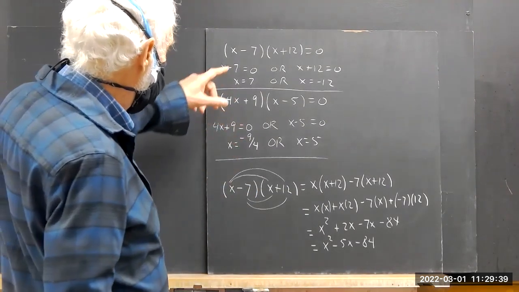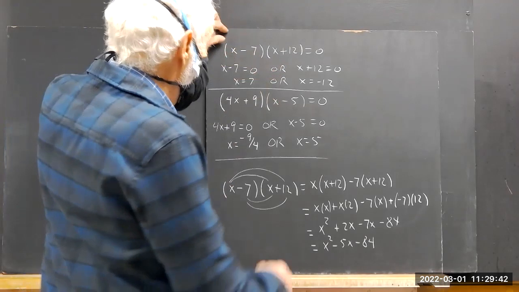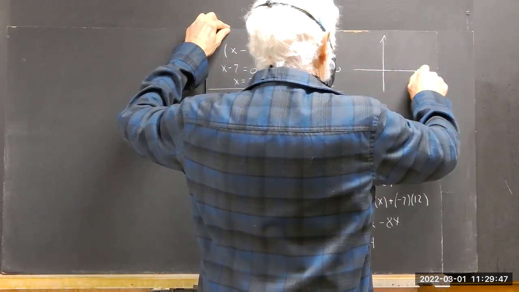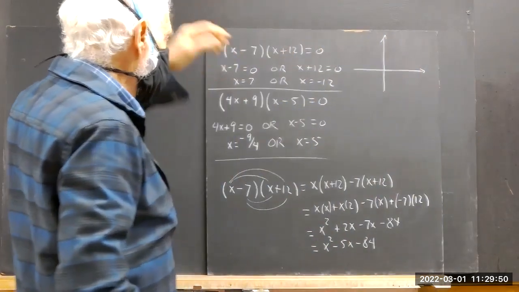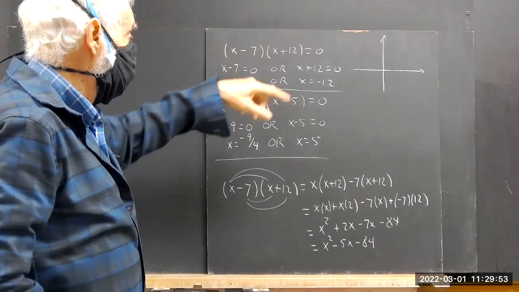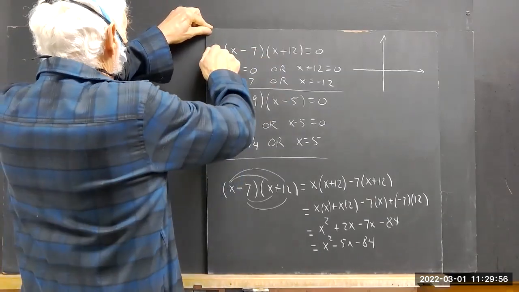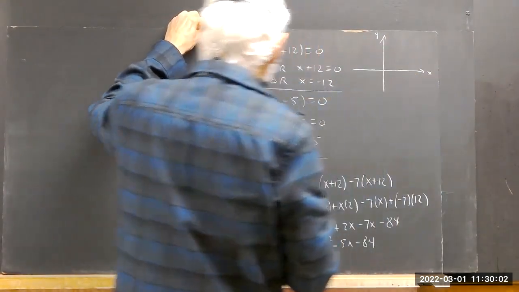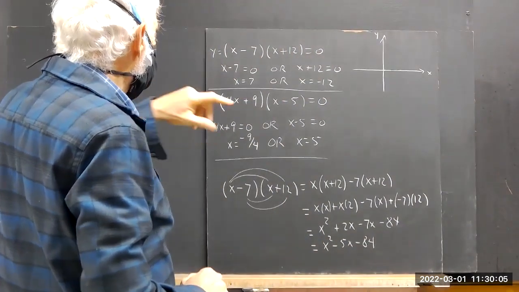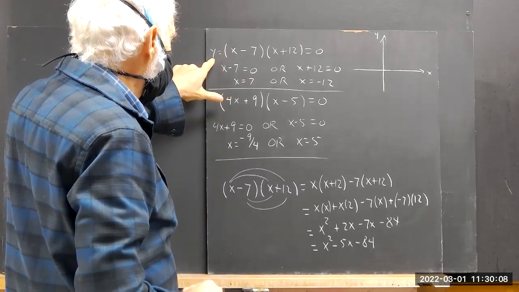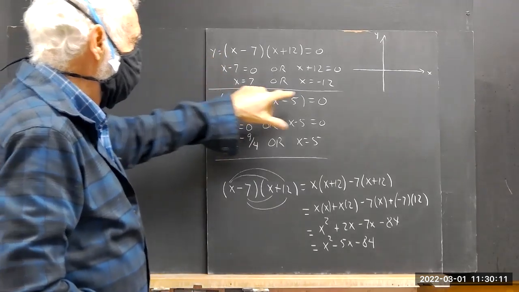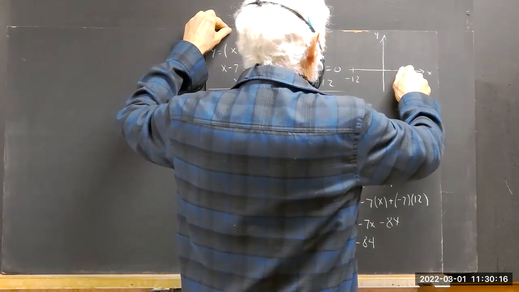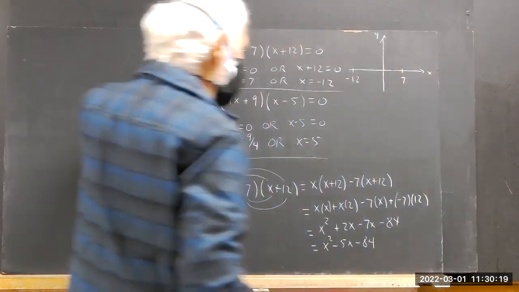Now, if I wanted to graph this, I didn't ask you to graph this, but if I wanted to graph, say, well, let's see. This is equal to 0, so if this is y, then I can put this on a graph of y versus x. And y is going to be 0 when x is 7 or when x is negative 12. So I can put negative 12 here. I can put 7 here. Oh, right.